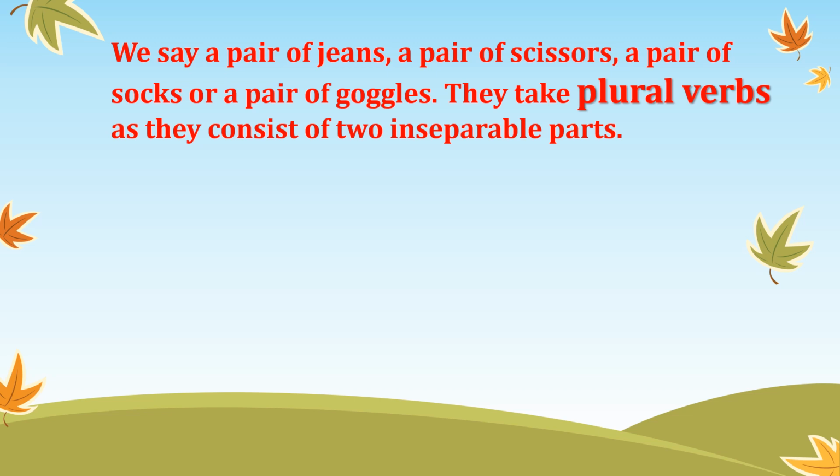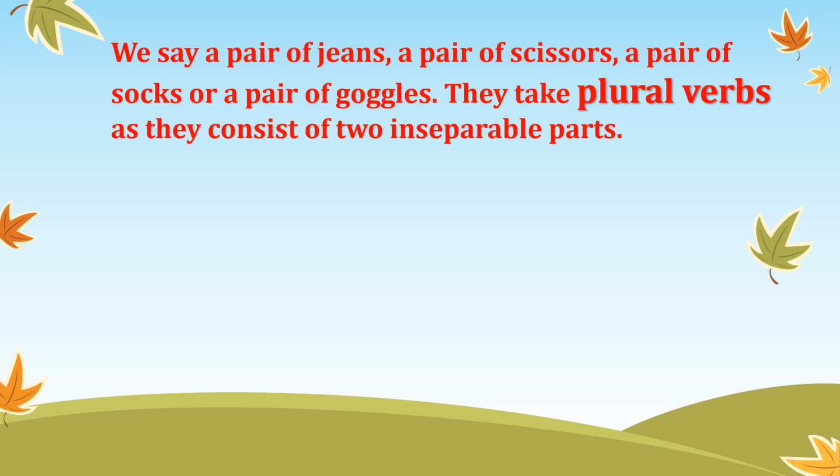Have you ever used a goggle only for one eye? No, we don't do that, because they are always used together as a pair. Since they are inseparable parts, with them we always use plural verbs because they are two.